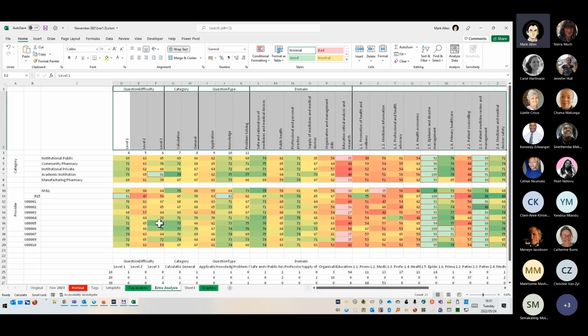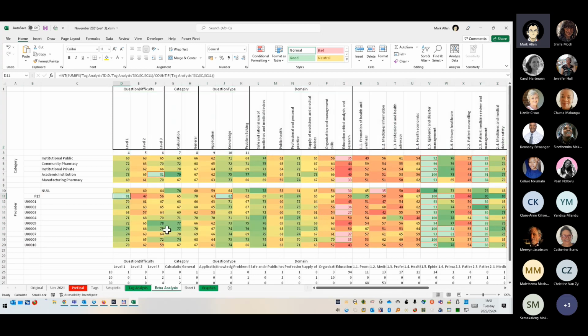So where you can see something highlighted, the level 1 topics are covered well, and particularly well by a particular institution. In this case, although they're dealing with those level 1 topics extremely well, they're not dealing particularly well with the slightly more difficult topics.